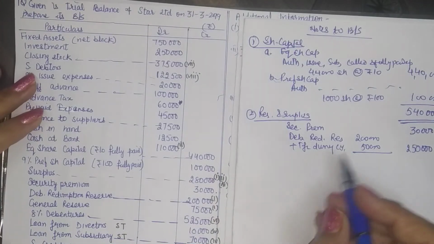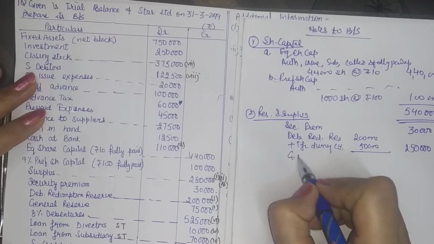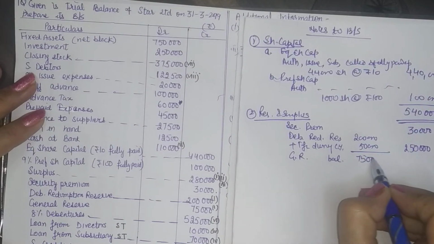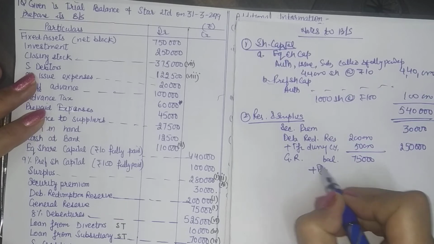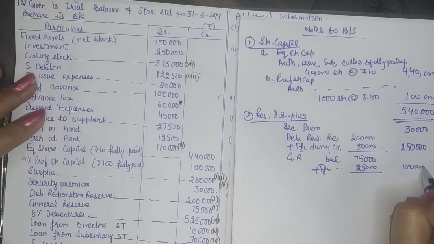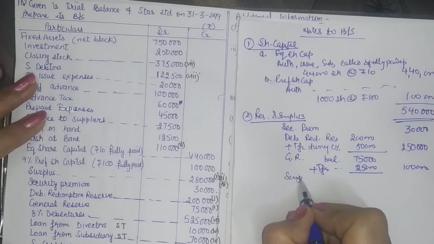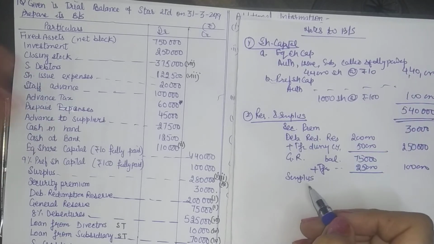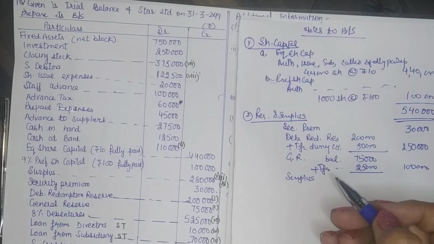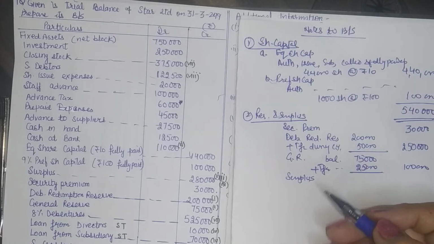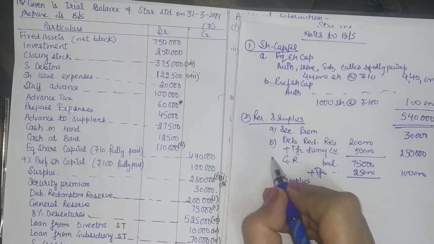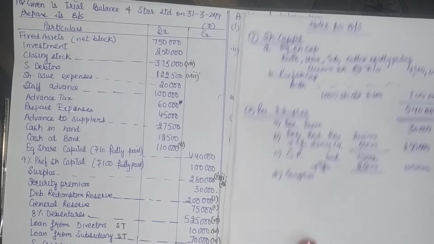Then you will not forget anything. General reserve balance is 75,000 plus transfer during the current year 1 lakh. Surplus is usually recorded at the end of the list. Rest of the things can move in any manner, but surplus is recorded at the end. So here you had securities premium, debenture redemption reserve, general reserve and surplus.